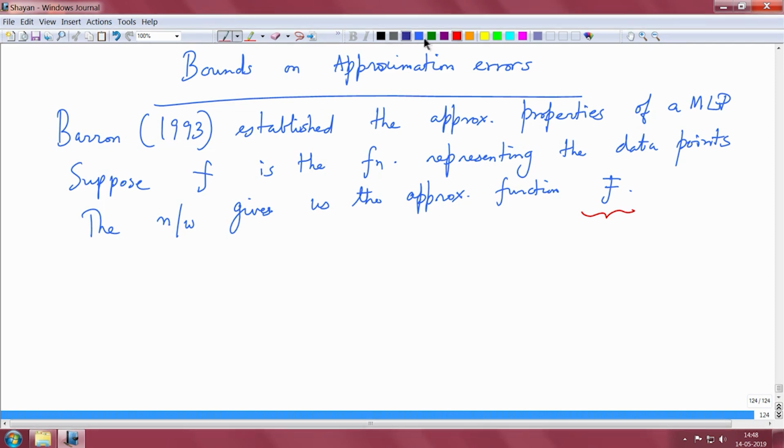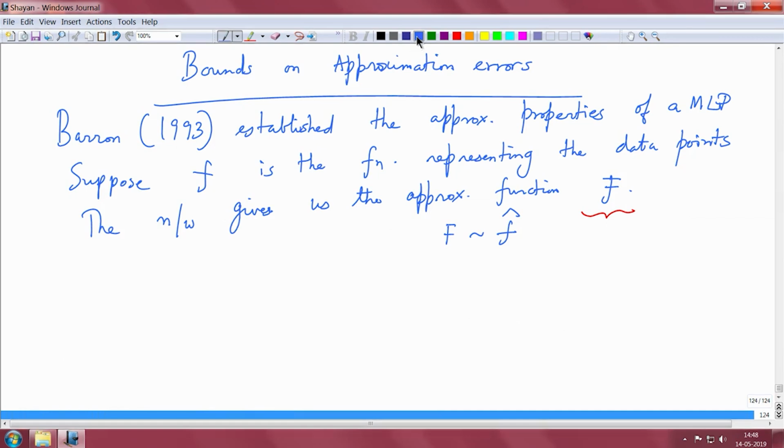We can say that F is an approximation, an estimate of the true function.